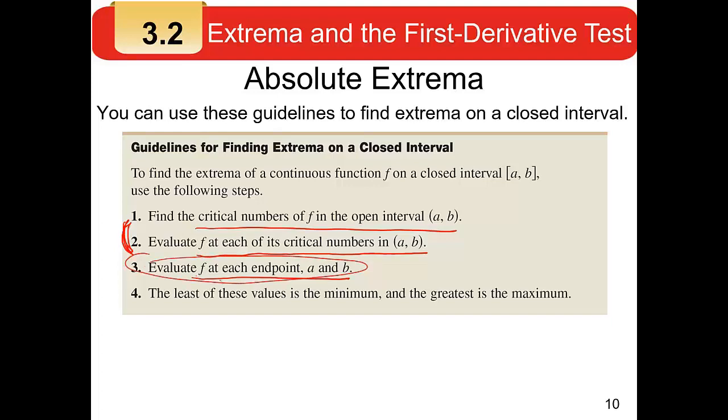Once you've done all that, though, just put them in numerical order of y values, and whatever comes out smallest is the minimum, and whatever comes out the biggest is the maximum. So once you get all those y values calculated, you simply put them in order. The smallest y value becomes the minimum, the biggest y value becomes the maximum.